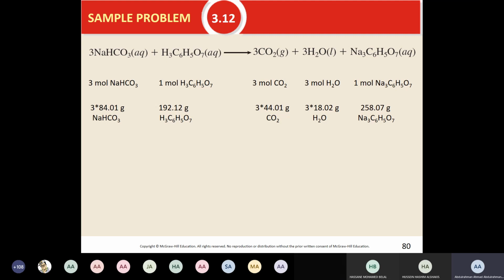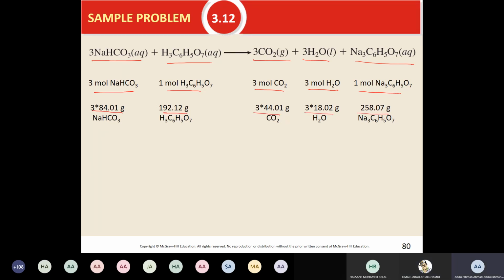When you do all of this, you will get to this slide. Can you see what I did here? This is a chemical reaction. I wrote under each one of them the number of moles and the molar mass. Then I change it to gram.